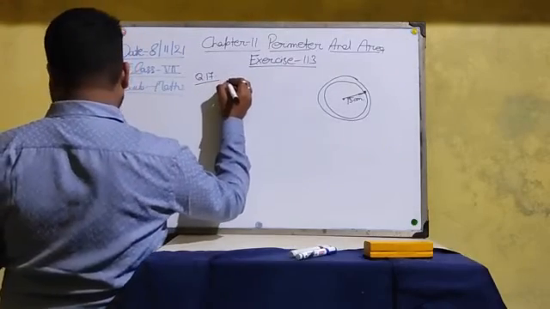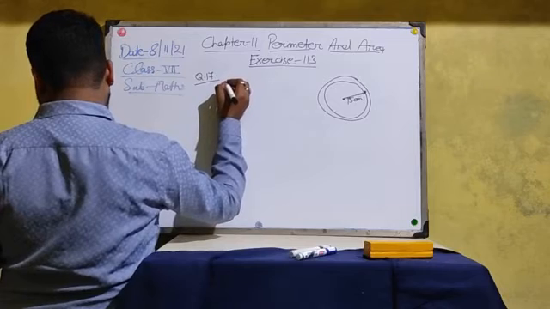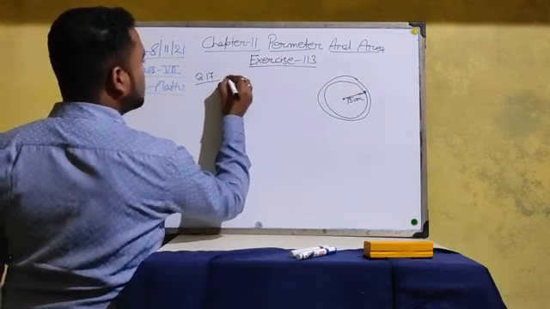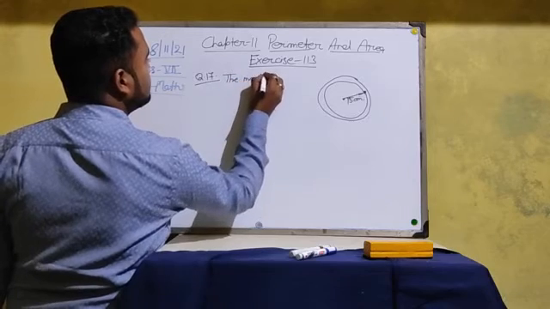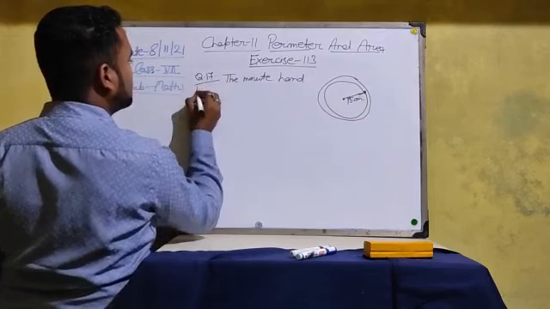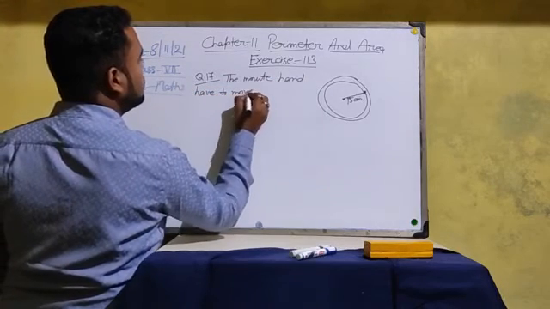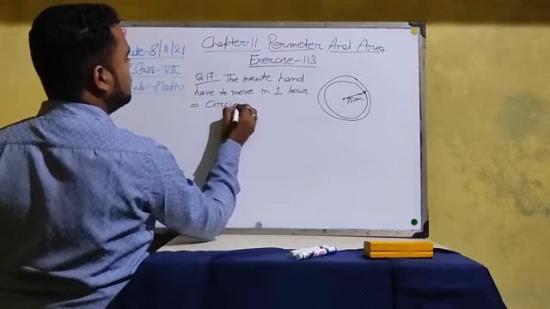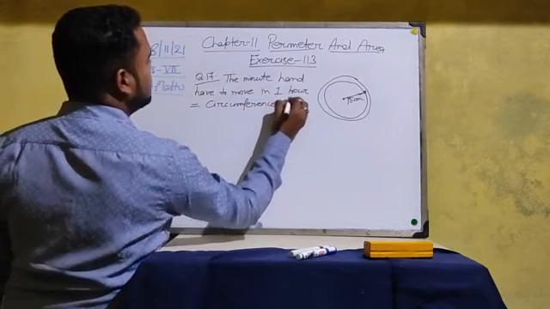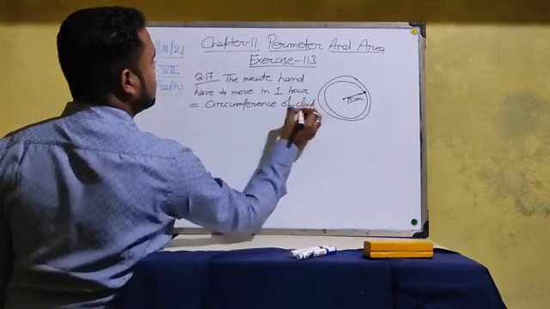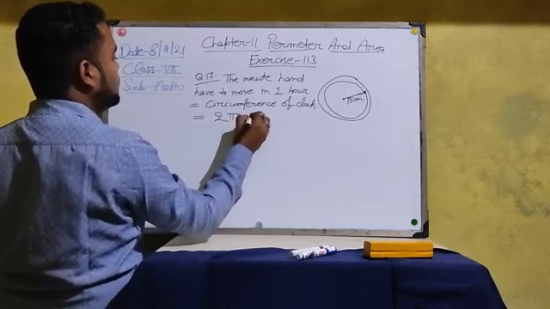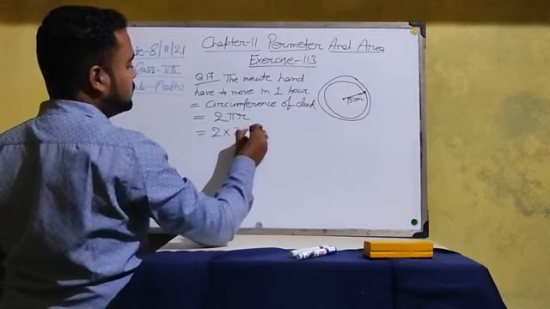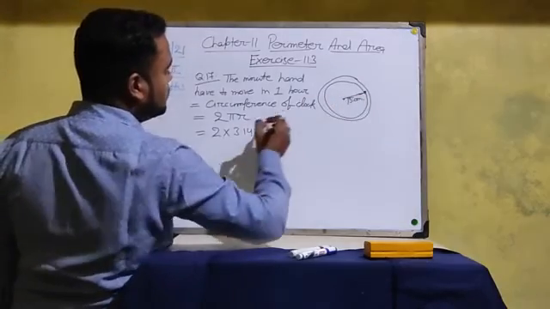So the distance the minute hand has to move in 1 hour equals the circumference of the clock, which is equal to 2 pi r, and here as it is given in the question we have to take pi equals to 3.14 and radius is the length of the minute hand, that is 15.